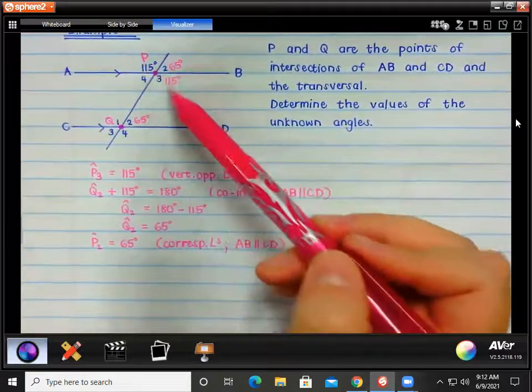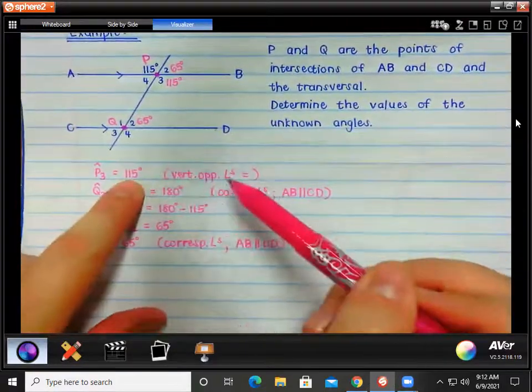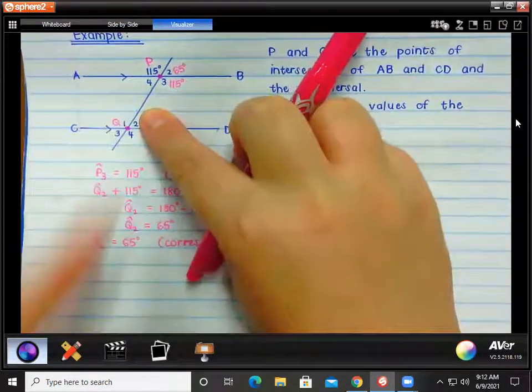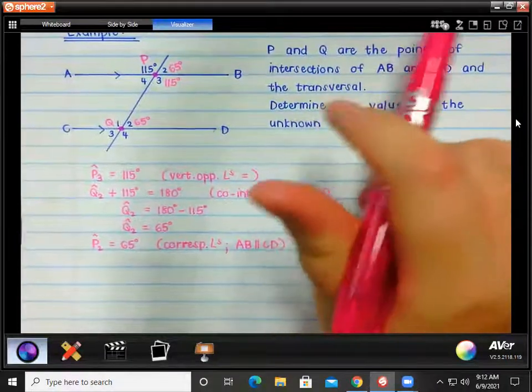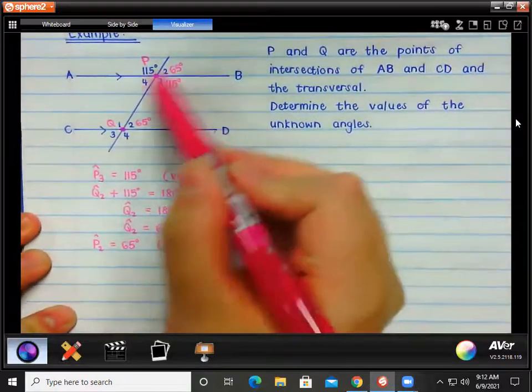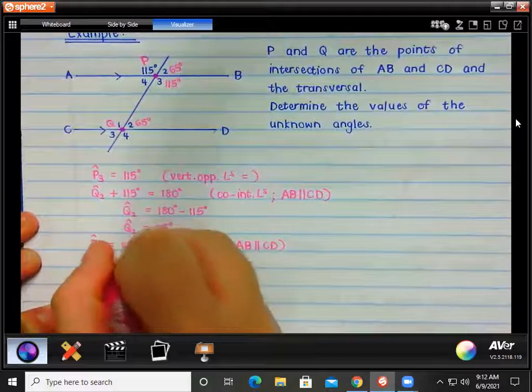For example, for our P3, we used vertically opposite angles. If you had nothing here, you couldn't just use vertically opposite angles for Q4. So you would have to have a link first, and then you would go from there. But yes, it would work. So P4 is also equal to 65 degrees.